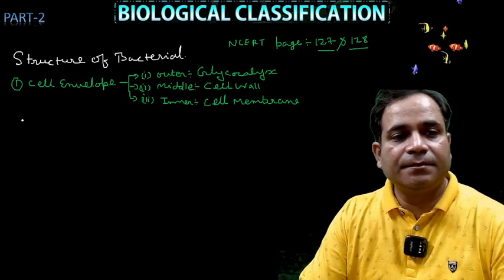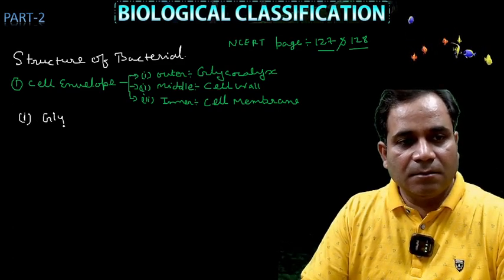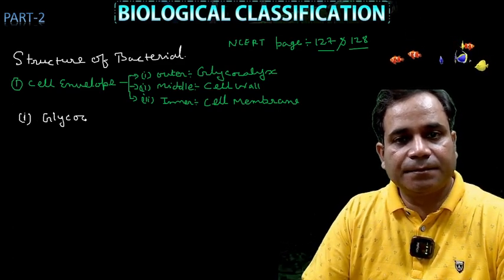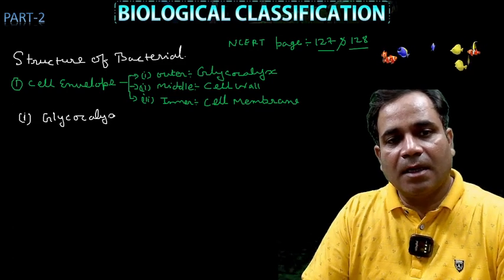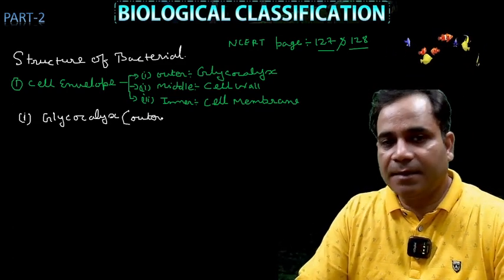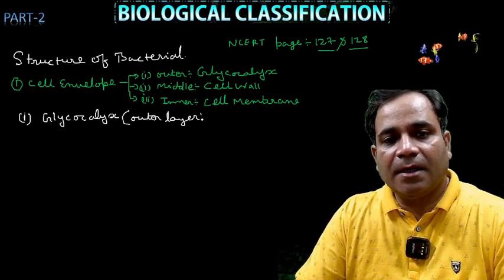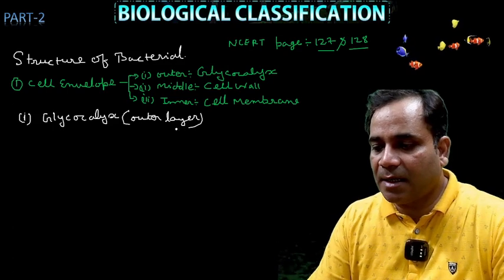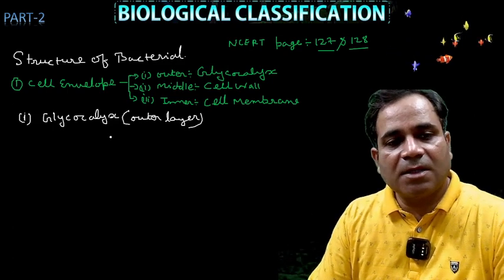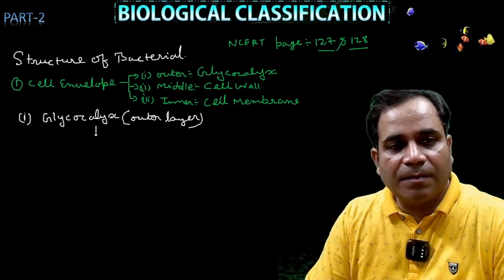See, here I am going to tell you about the outer layer. Number one, that is first, glycocalyx, that is the outer layer, my dear. Correct? Here is the outermost layer of the bacteria, which is divided into two parts.